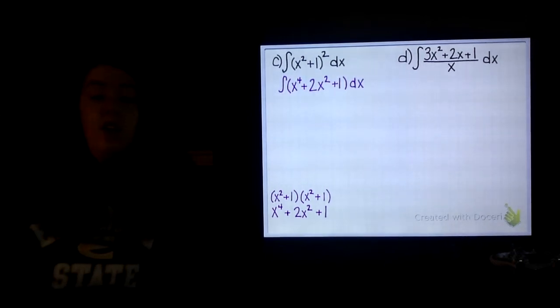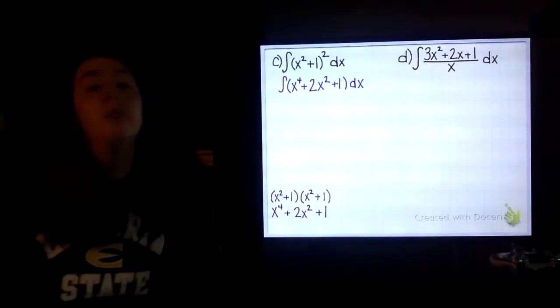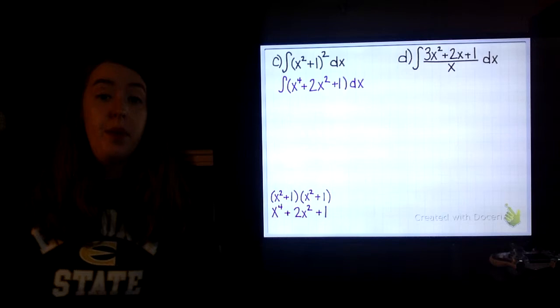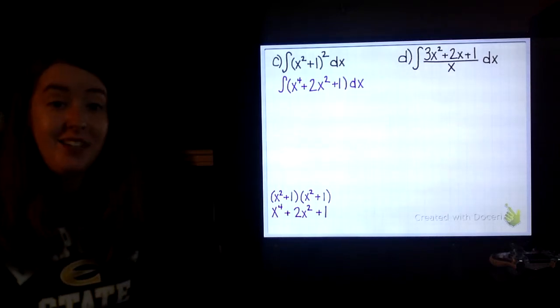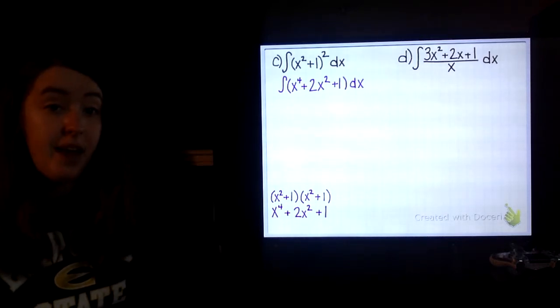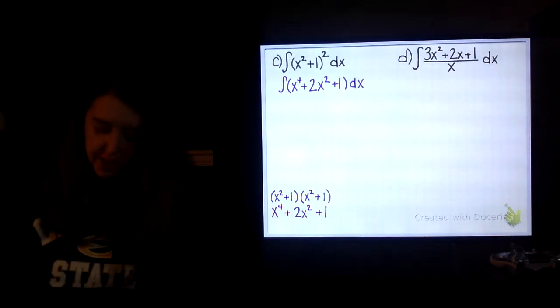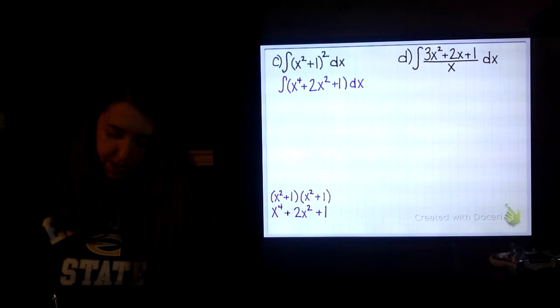Now when we go through and find the antiderivatives of these, remember that when we do the antiderivative, we have to add 1 to the power and then divide by the new power. So x to the 4th, I add 1 to the power, so now I have x to the 5th over my new power, 5.